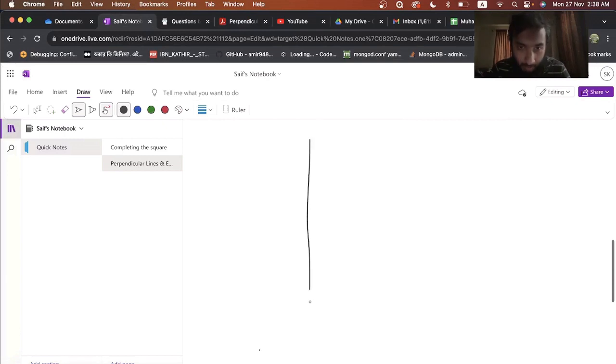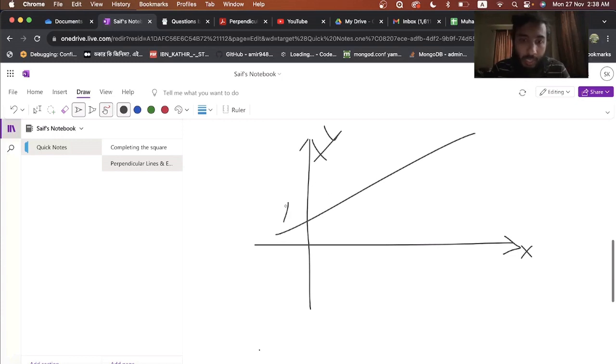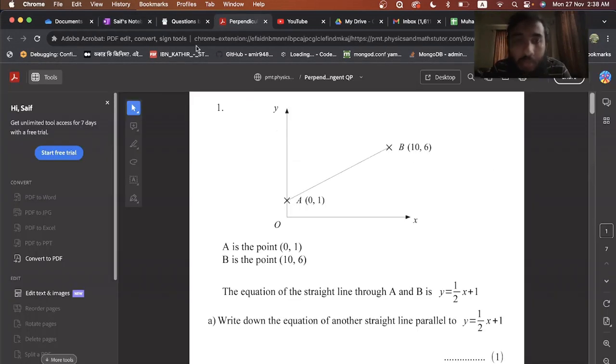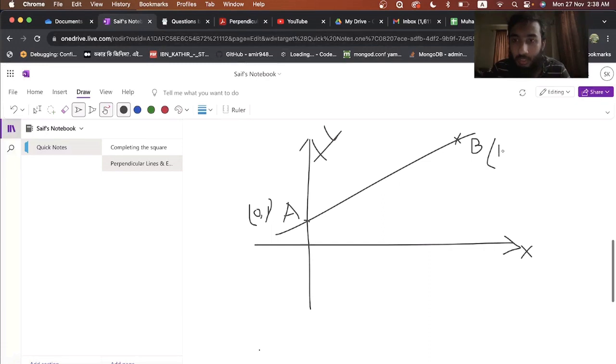Let's say this is the graph, X and Y. This is the straight line with A at this point, which is (0, 1), and this point which is B, which is (10, 6). Okay, so it's (10, 6), right?